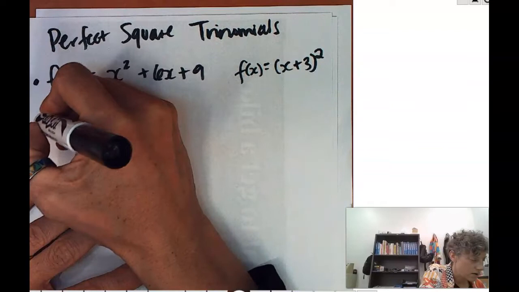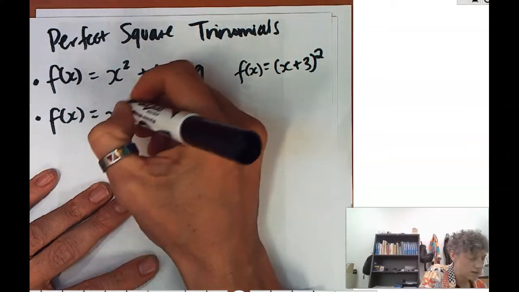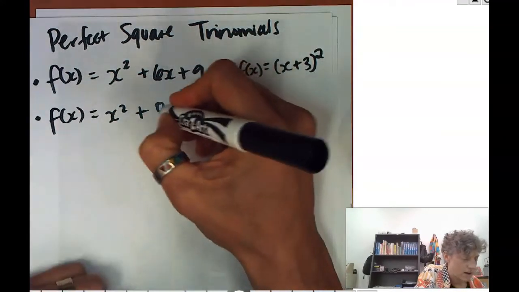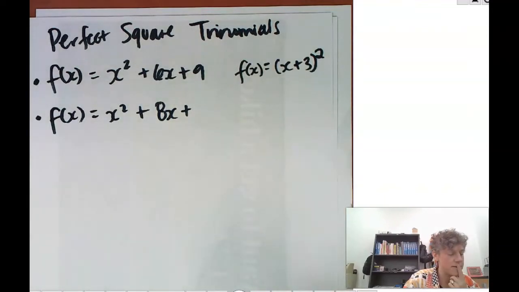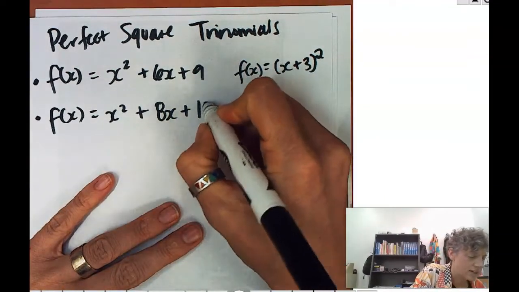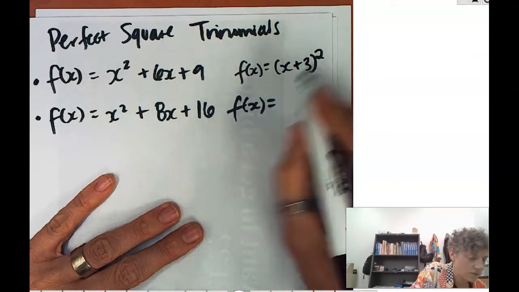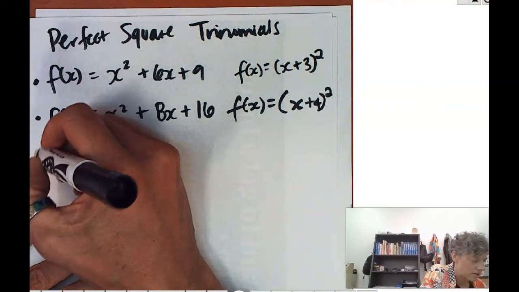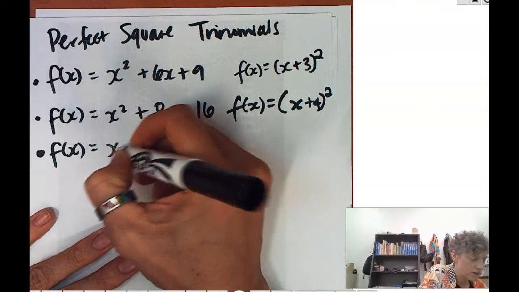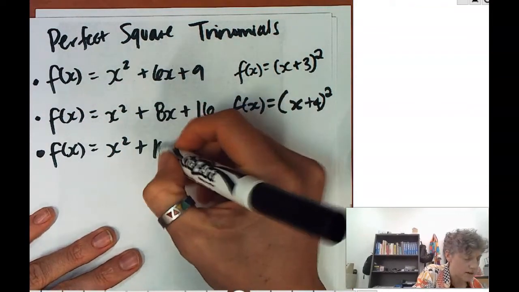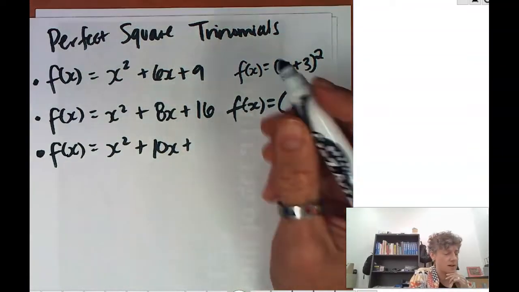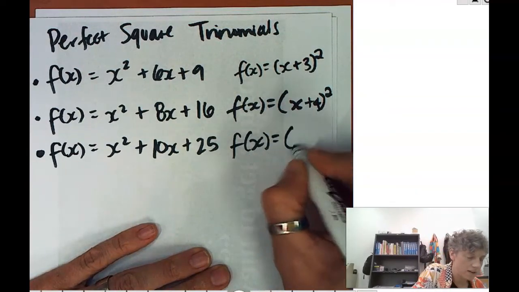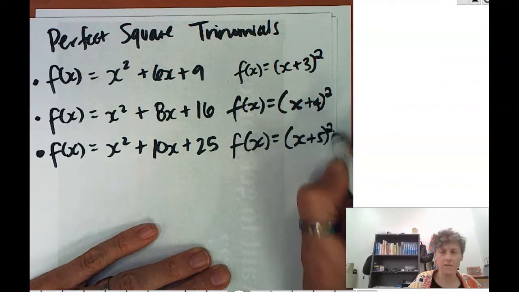I could have f of x equals x squared plus, let's do 8x plus, how about 16? Its factored form would be x plus 4 squared. Here's another one. F of x equals x squared plus 10x plus 25. Its factored form would be f of x equals x plus 5 squared.